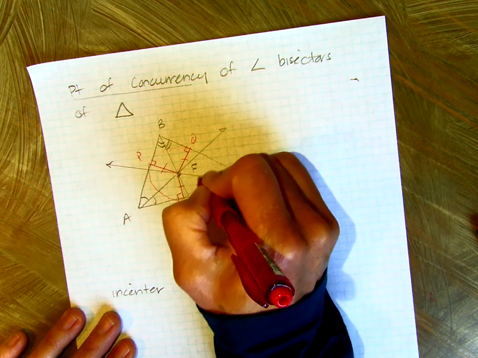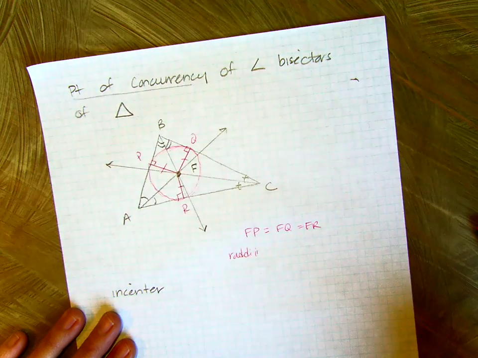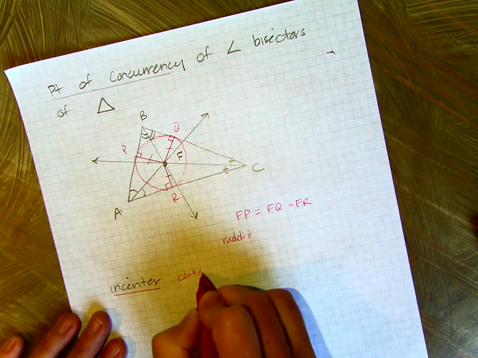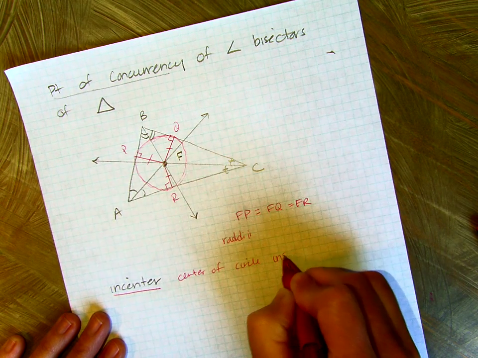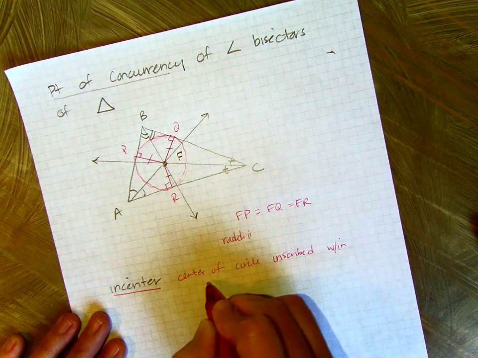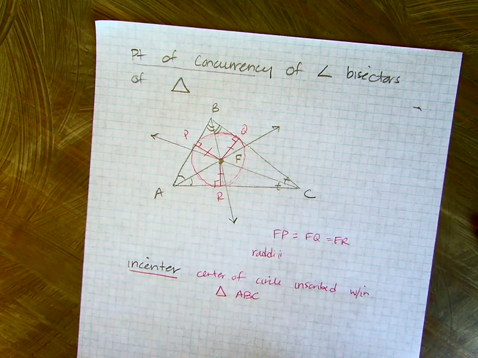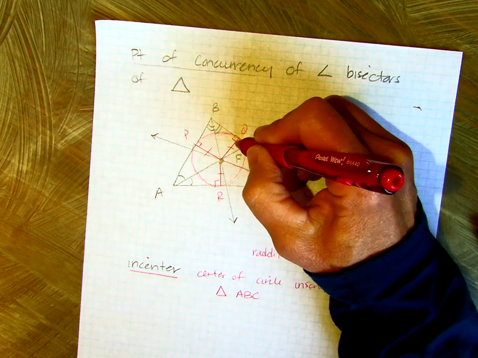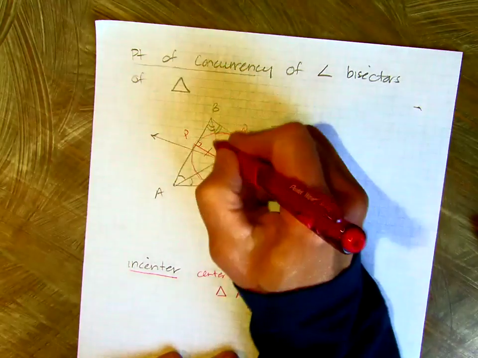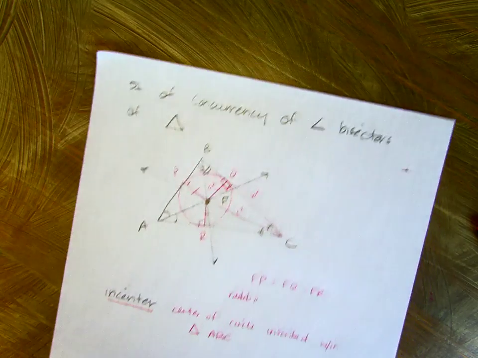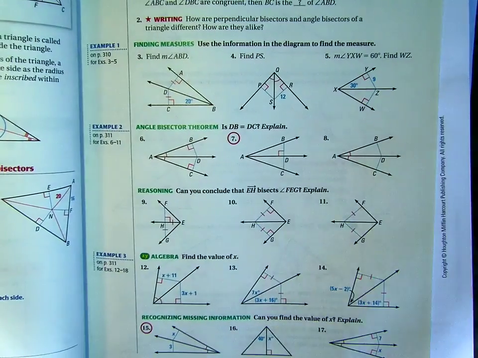And they are radii of this circle right here, the incenter, because it's the circle inscribed in the triangle. Now, boom, boom, boom. That's a right triangle. A squared plus B squared equals C squared.